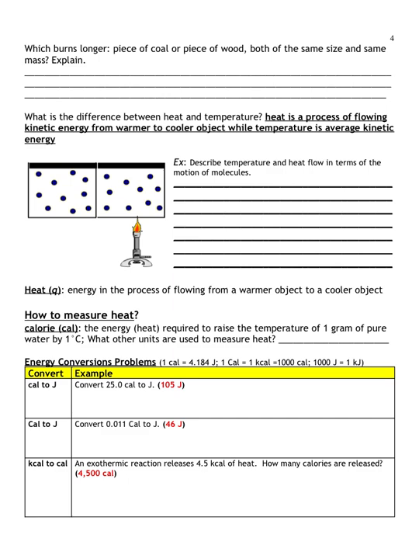This question asks which burns longer, a piece of coal or a piece of wood, both the same size and the same mass, and please explain. Well, if you think of coal and wood, what do we use for our energy source? Our energy source used to be wood, but now it's coal. And that coal obviously is probably bonded in a certain way that makes coal a more efficient energy source.